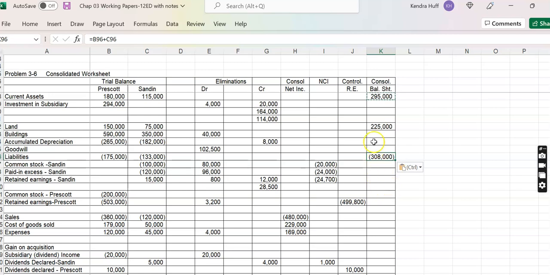The only place it can go, I guess so. Right. Investment zeroed out. That's always good.